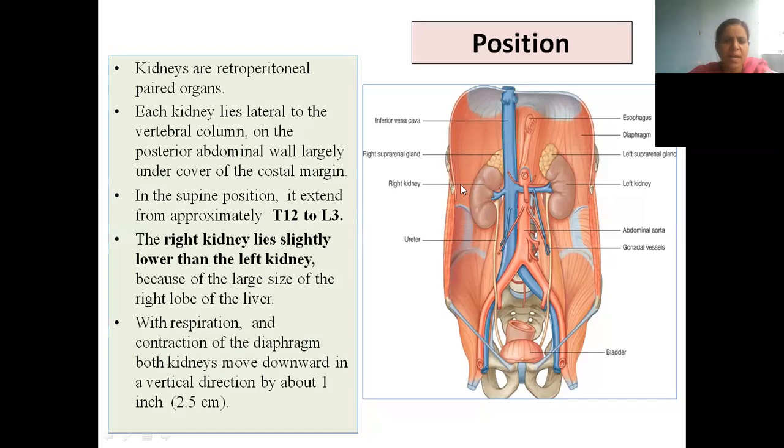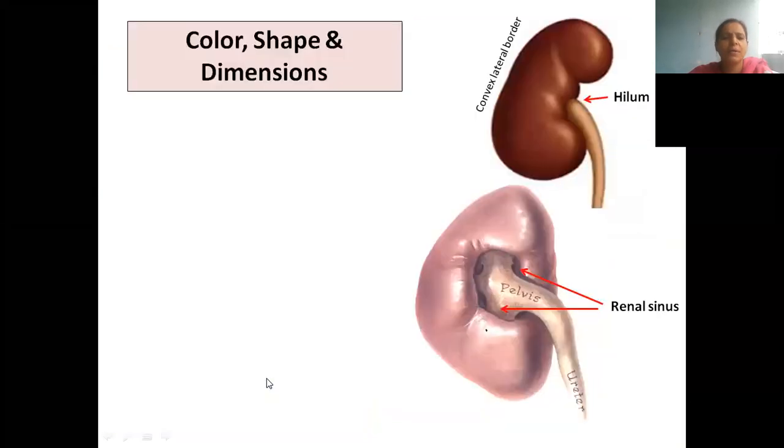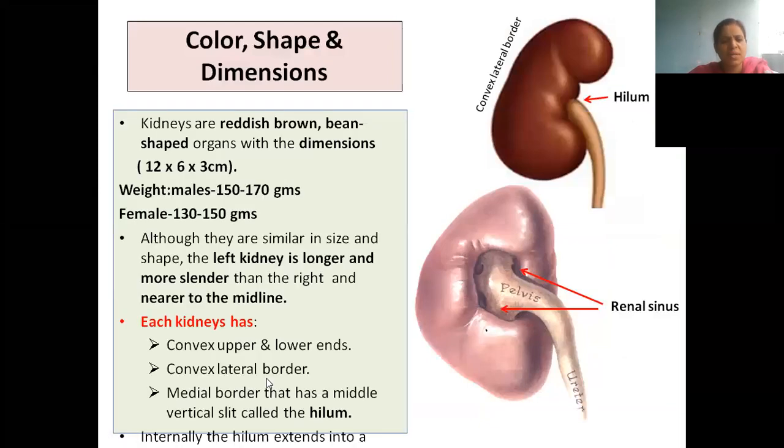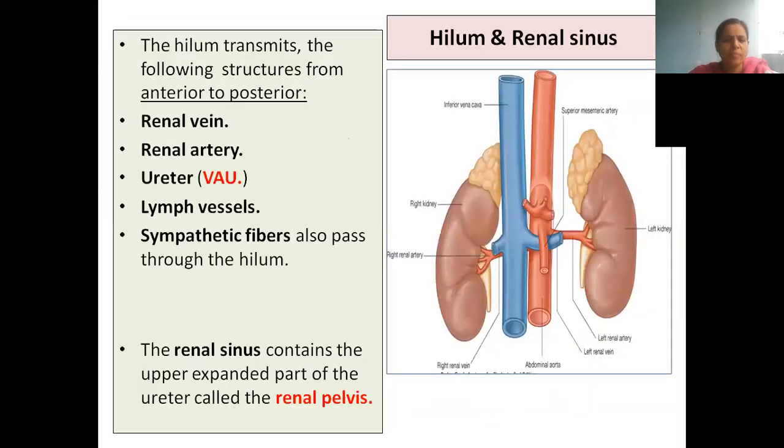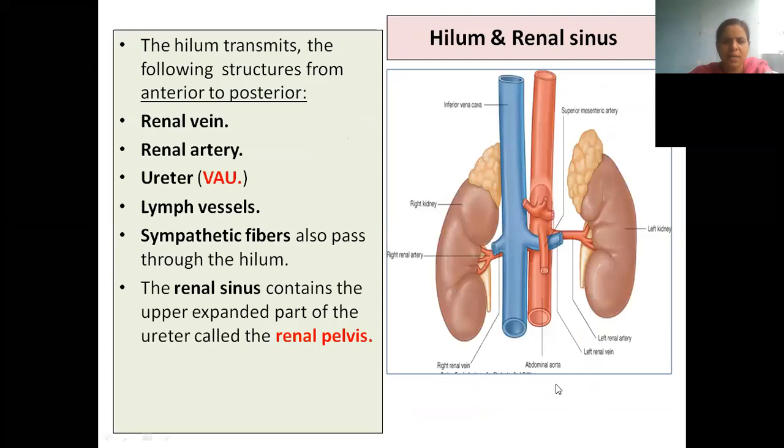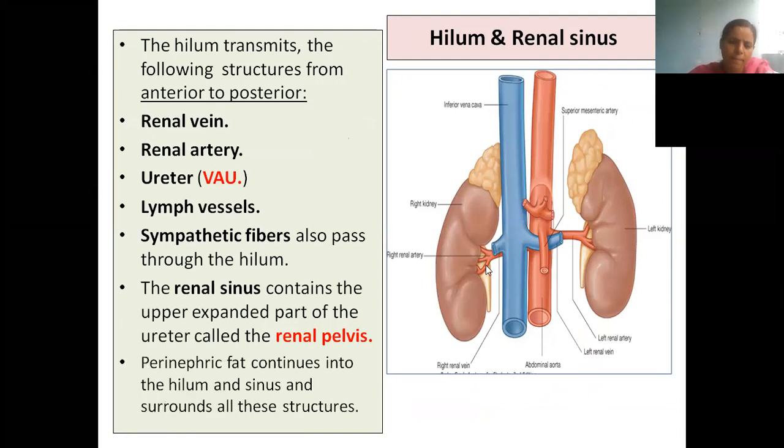The right kidney is slightly lower than the left kidney because on the right side we have the liver. Dimensions I told you. In the hilum we have the renal vein, renal artery, and the ureter. The upper part of the ureter is called the renal pelvis, the starting point.